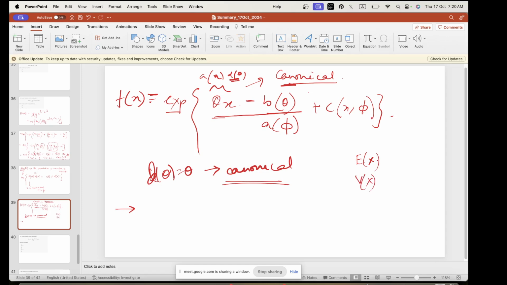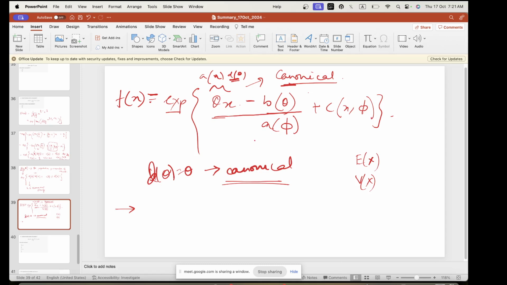Okay, ma'am. Because I am not aware of this form, I won't be able to tell you, but my intuition is this is not the generalized form, but only to check if a distribution which belongs to the exponential family is in its canonical form or not. If it is in its canonical form, then maybe this is applicable.